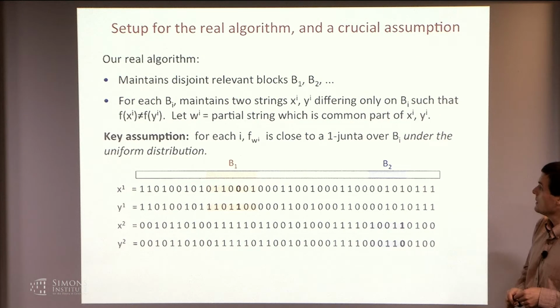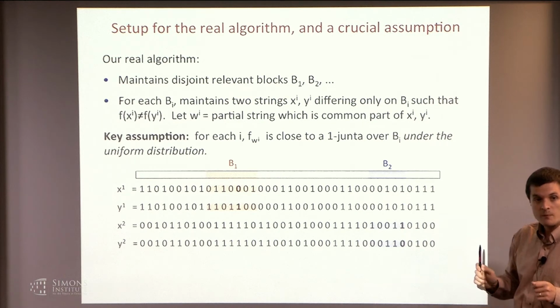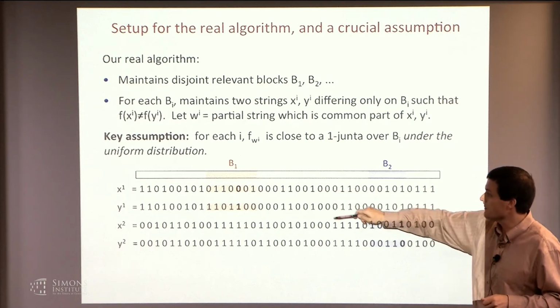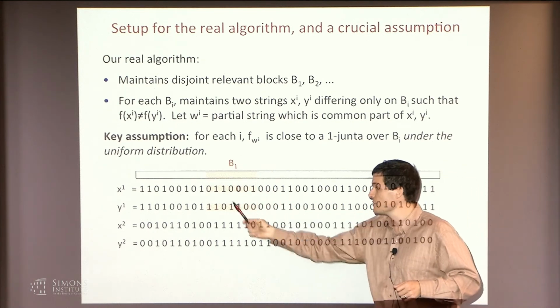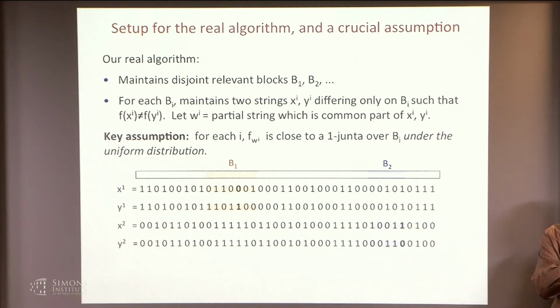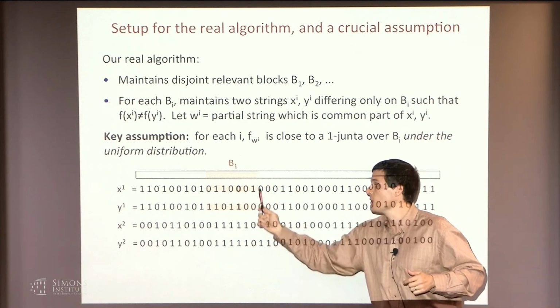Okay? And a key assumption, which took us a long time to get to, is that we want to assume, and we'll see in a minute how it makes our life much easier, that for each one of these blocks, if I restrict the function in the correct way outside the block and reduce it to just a function over the variables in this block, that function is actually close to a one junta, just a single literal function somewhere in here.